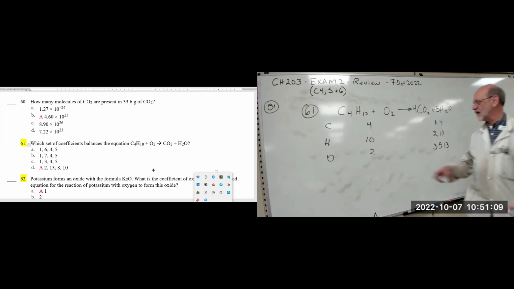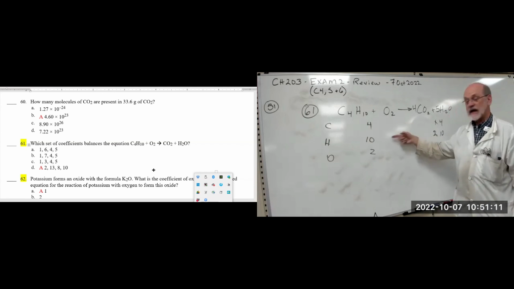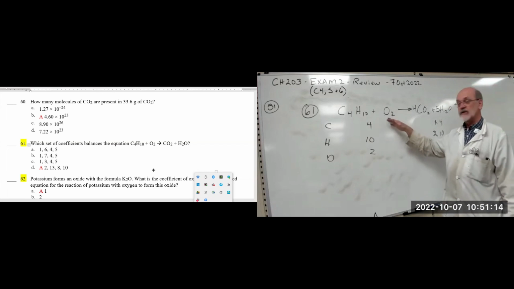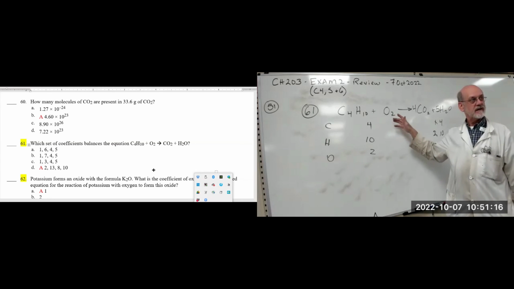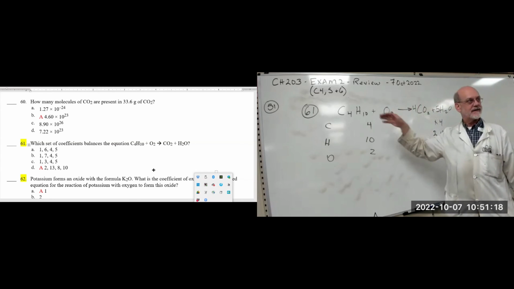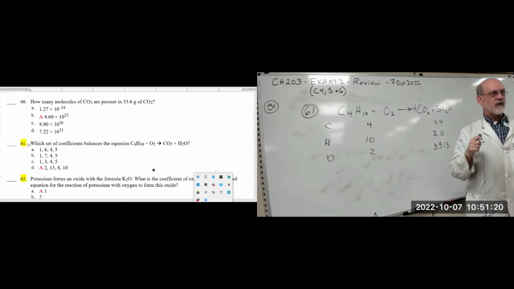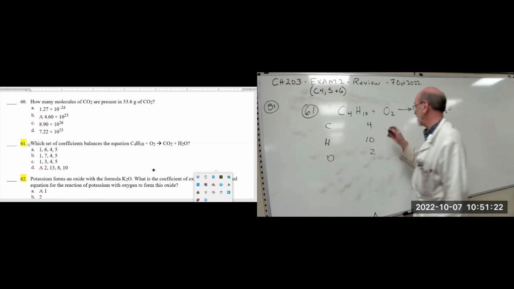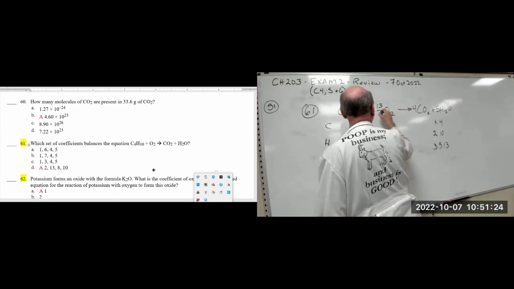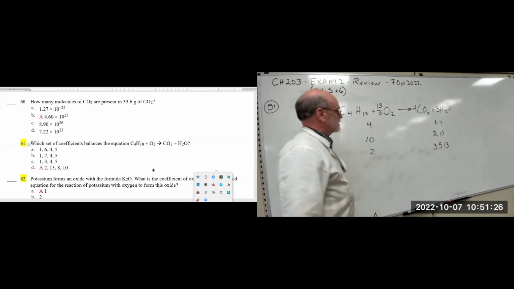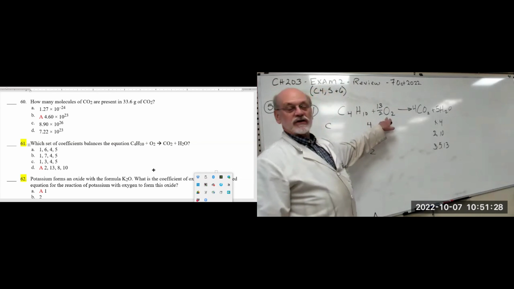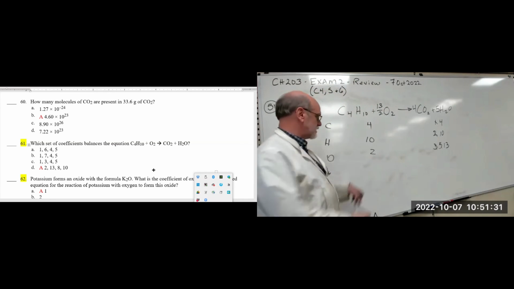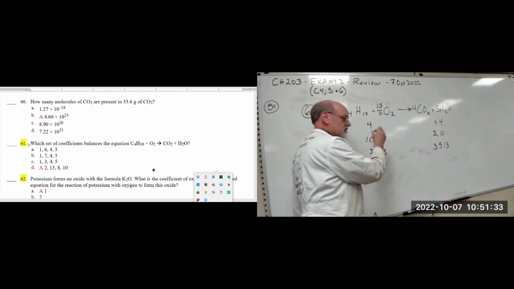How do we get 13 oxygens here? The carbon and hydrogen's balanced. Now we just need to do oxygen. How do we get 13 oxygens out of this side? Use a fraction. 13 halves, right? Take half of that molecule and multiply it by 13. That gives you 13 oxygens. Okay?